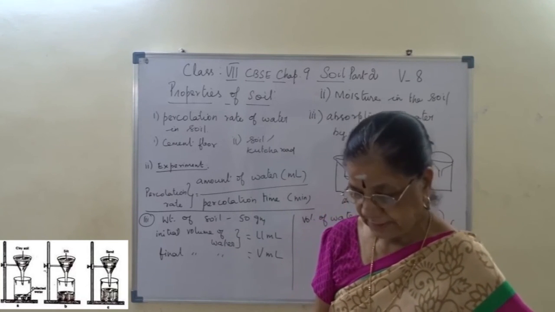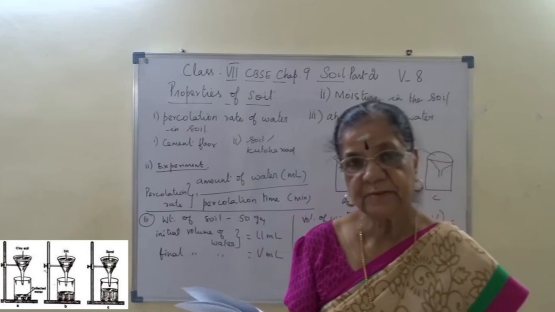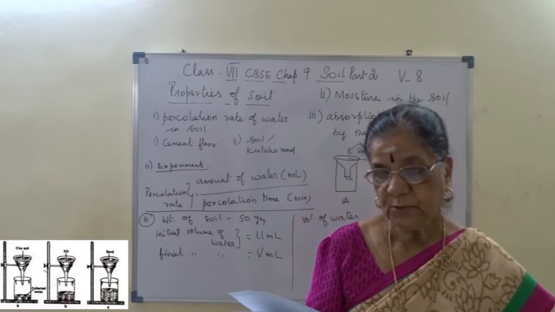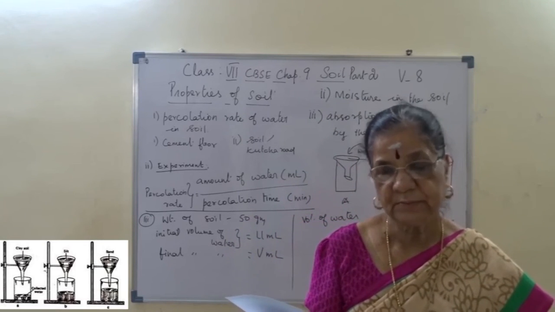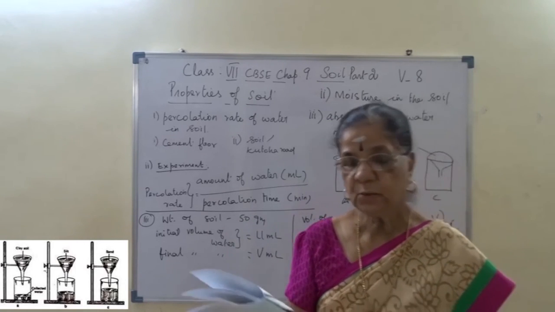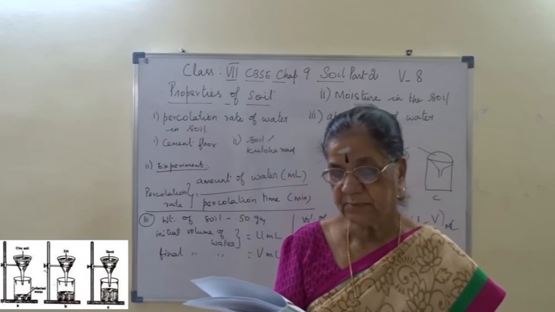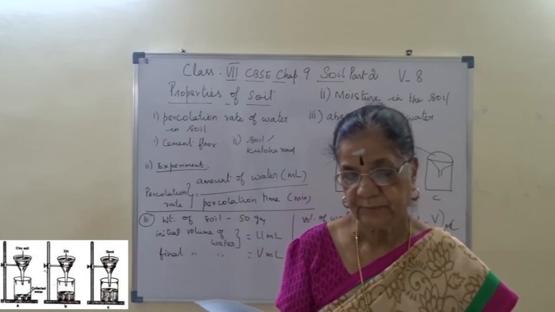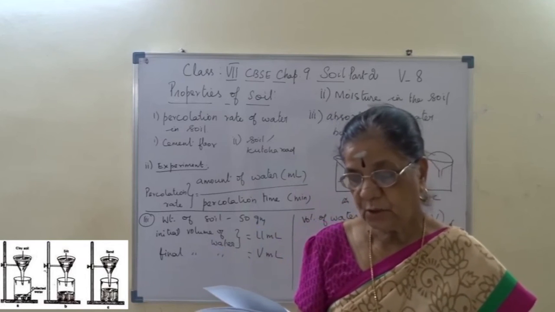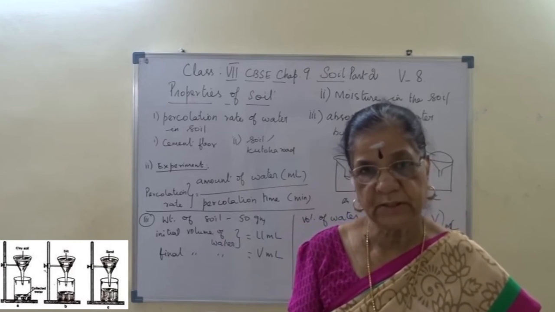Rate of percolation is the quantity of water percolated per unit time through the soil. I repeat, rate of percolation is the quantity of water percolated per unit time through soil.